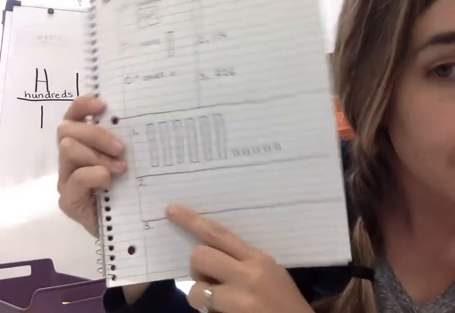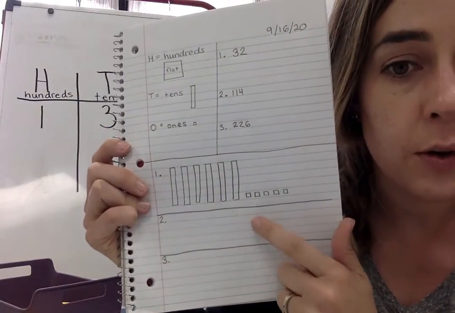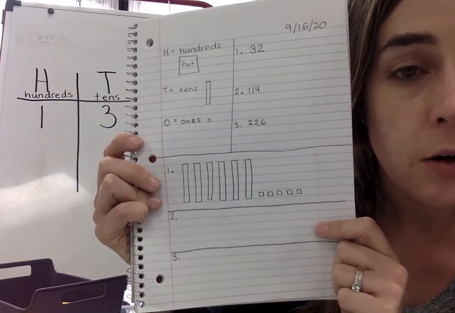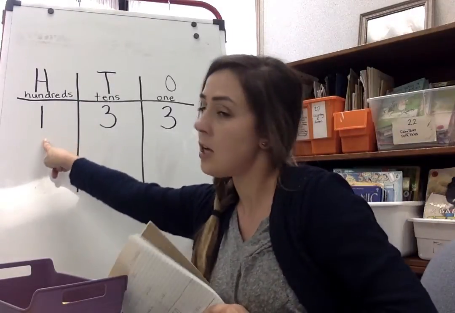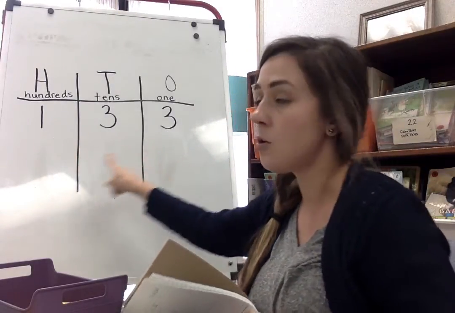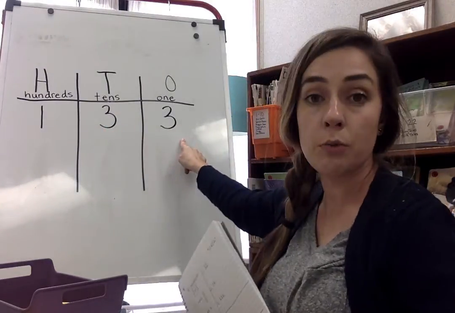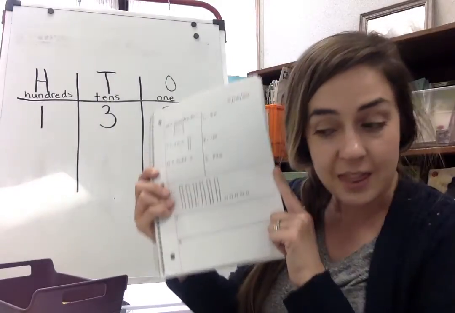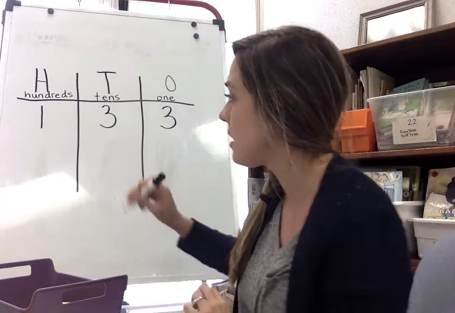So in this box, using the base 10 blocks that we just talked about, you're going to draw or show me or build the number 133. You have 1 flat, 3 sticks, 3 cubes.